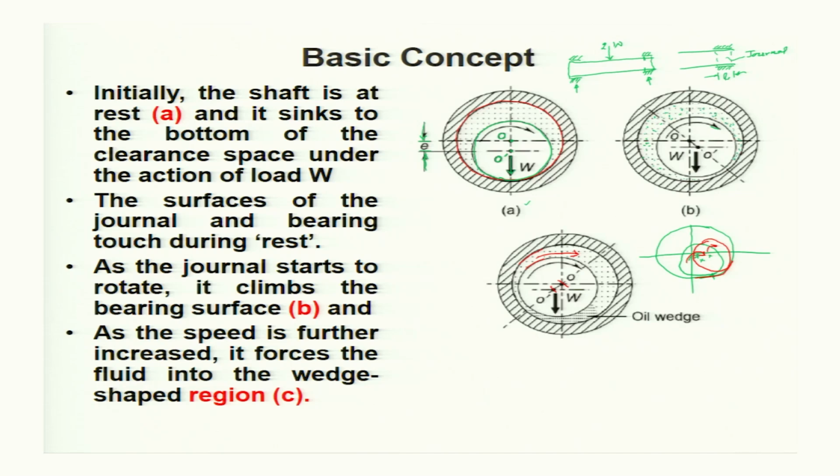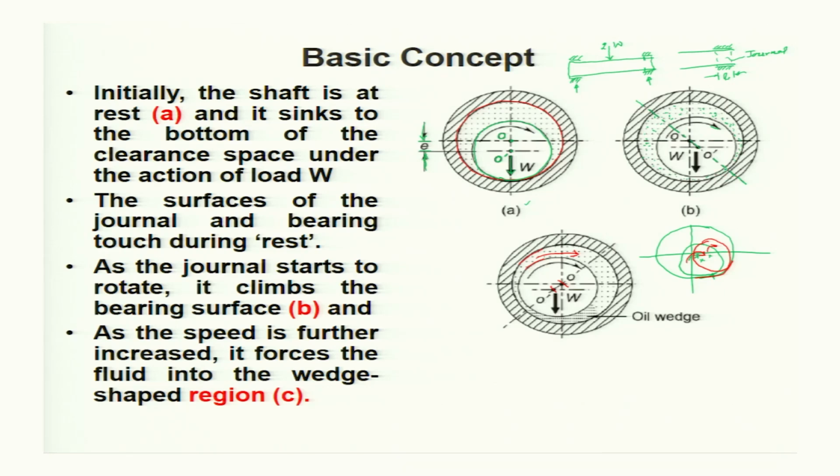With the climbing of the journal, the clearance space is divided into two parts. You may see this by joining the center of the bearing and the center of the journal, O dash. This line of centers divides the clearance space into two parts.